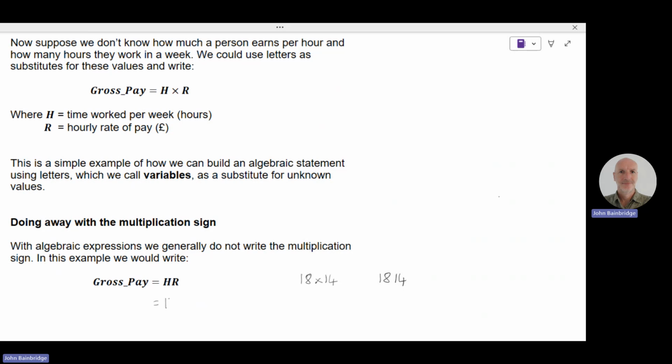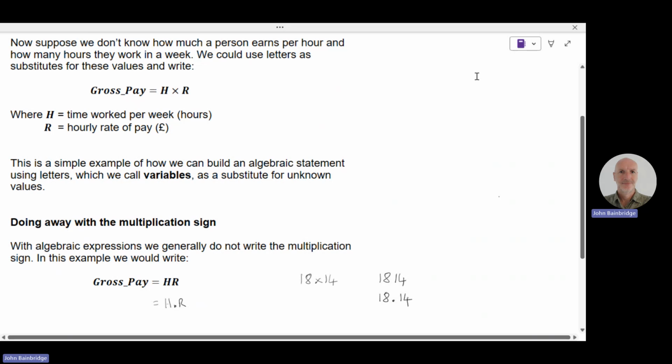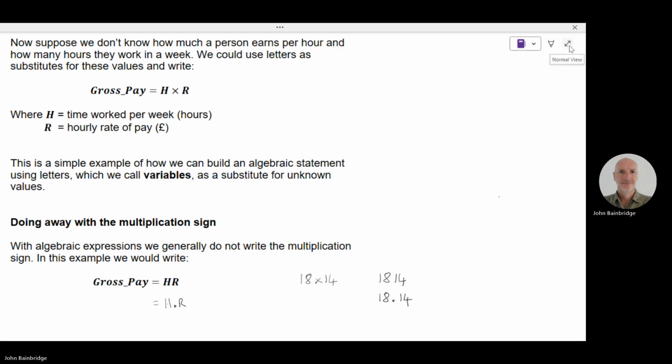Sometimes you'll see it written with a dot as well. A dot sometimes is used to indicate multiplication, but more commonly there's no symbol at all. Again, we couldn't do that with numbers, because it looked like a decimal point, and in this case we'd get 18.14.